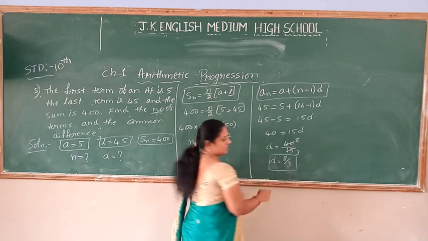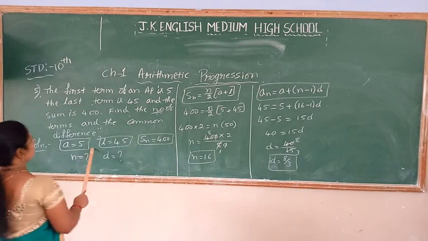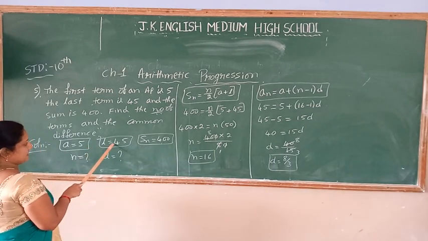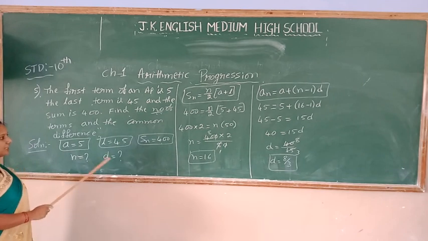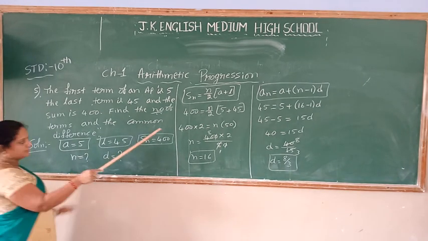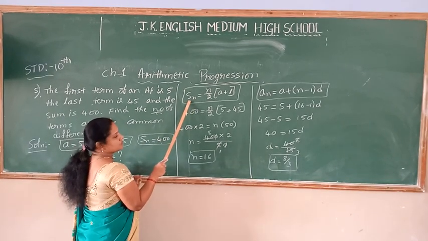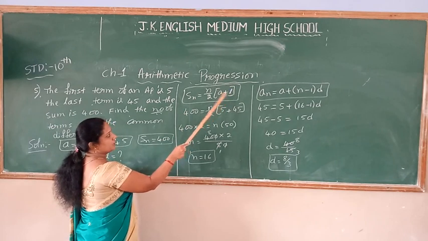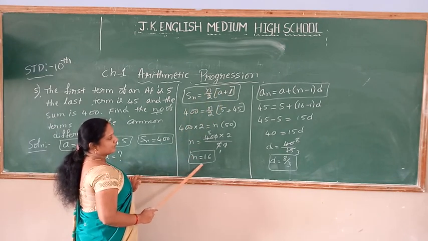So children, once again, let me explain. They give the a value, the last term l, and the sum of n terms S. They told us to find out n and d. To find n, I can use the formula because we know the last term and the sum of n terms. I substitute in this formula and find the n value.